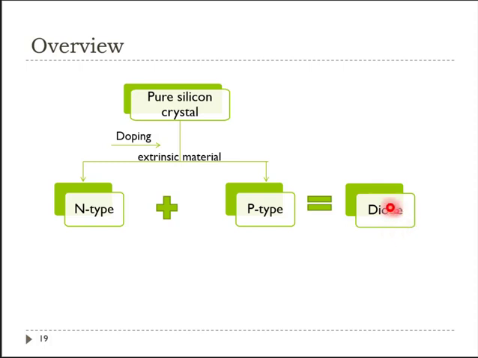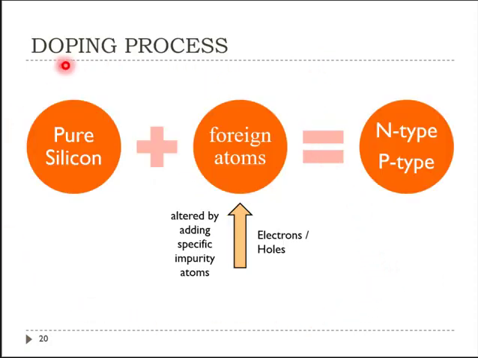So now let's look in more detail at how this process happens. At the first stage, the doping process will be conducted on the pure silicon crystal. This pure silicon crystal will be altered by adding some specific impurity atoms, or we call it a foreign atom, to the atomic structure of the pure silicon.